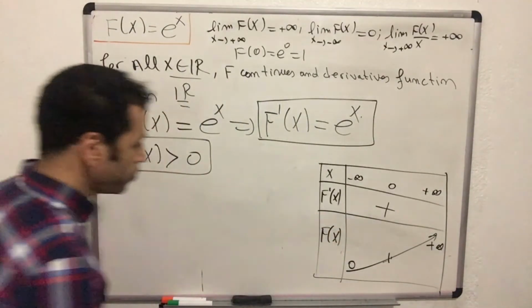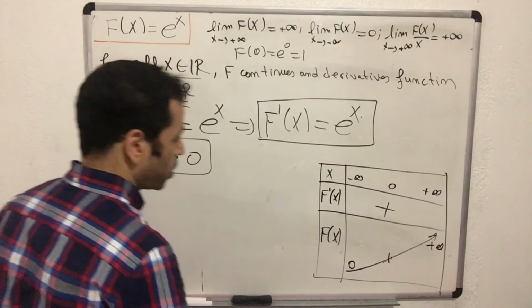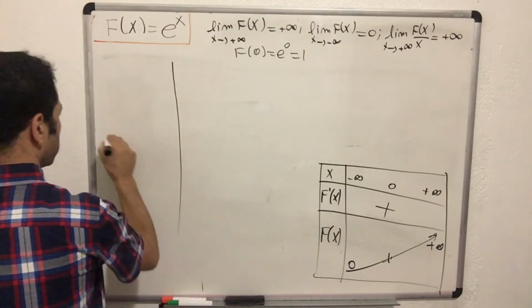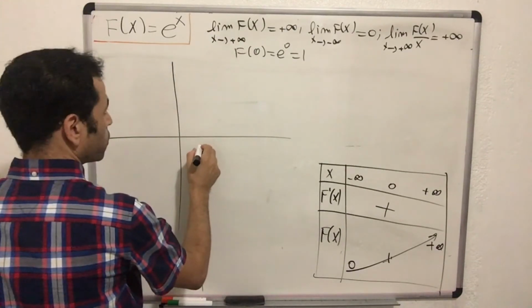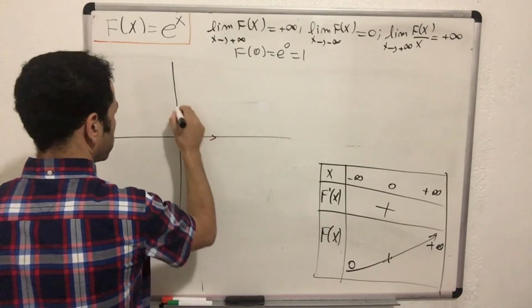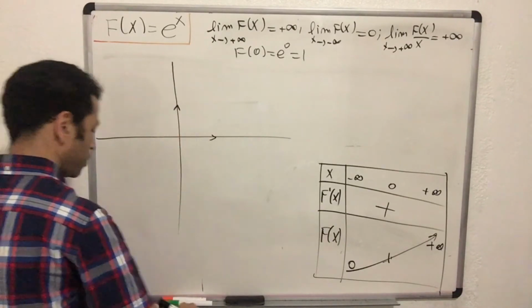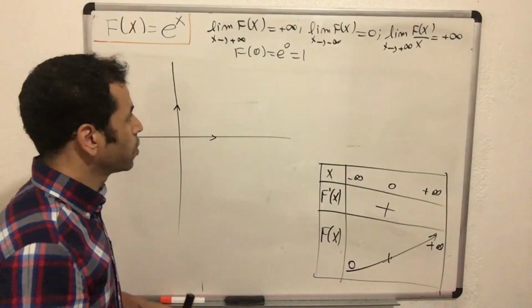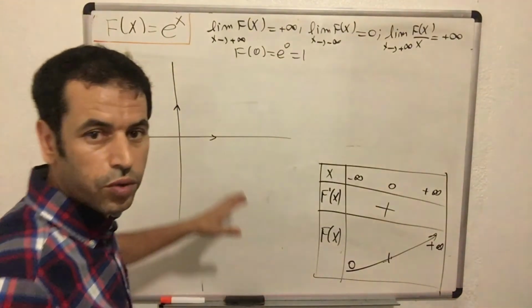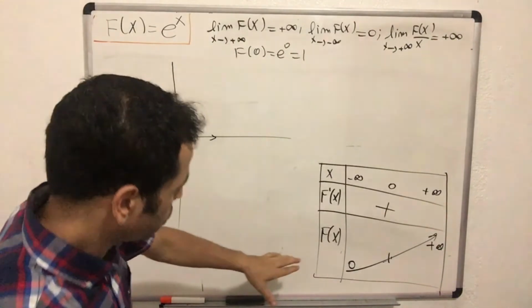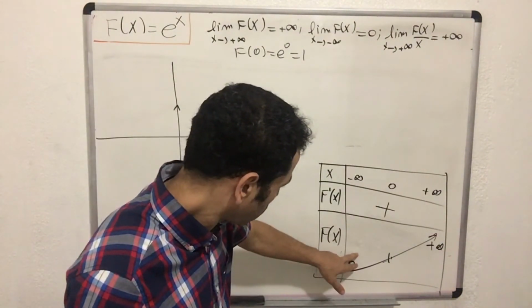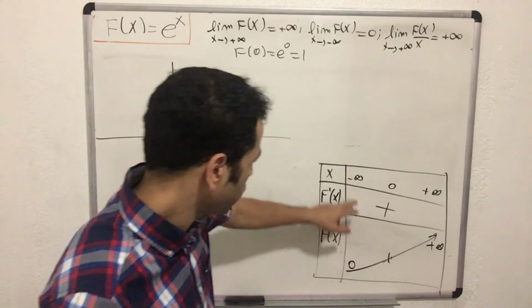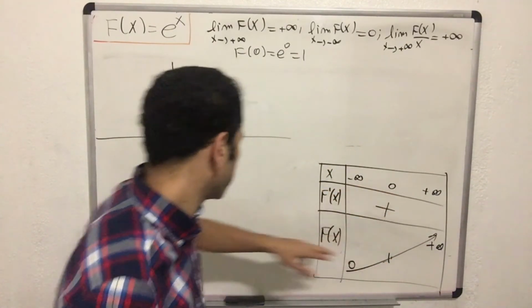So now let's move on to the graph where we can put our function. As you see in the table, the function is increasing from 0 to plus infinity on the interval from minus infinity to plus infinity.